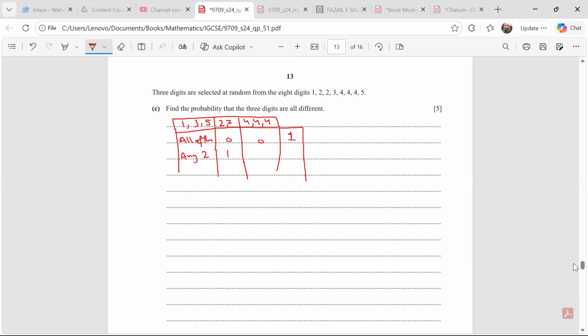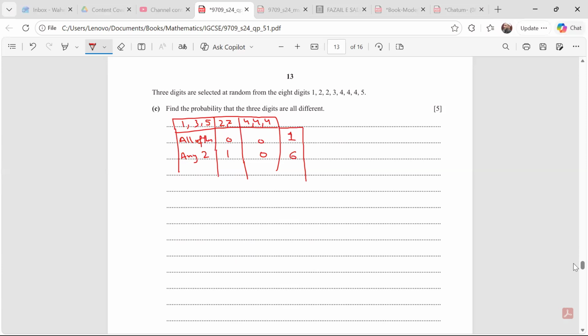Now, the second option is that I take any two from here and one from here and nothing from here. So how many possibilities are there this way? Taking two from here, there are three different ways I can select two numbers, and then take this one or this one. So 3 times 2 is 6. These are 6 different possibilities.